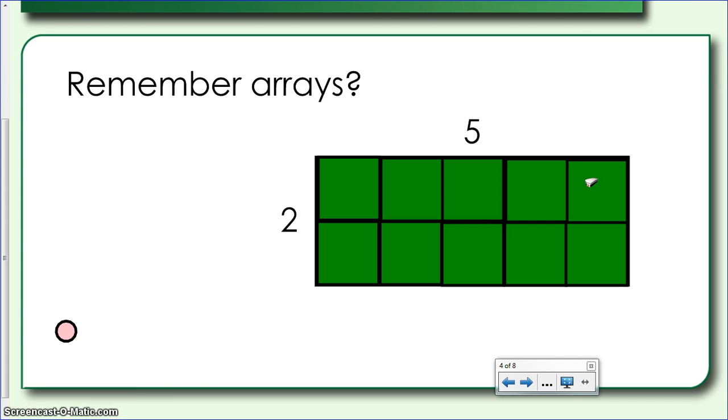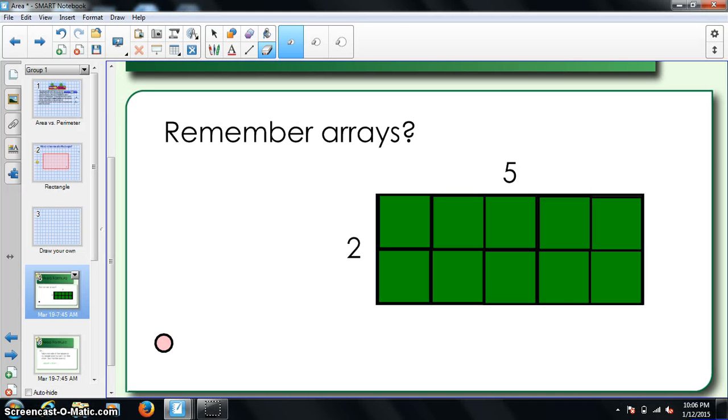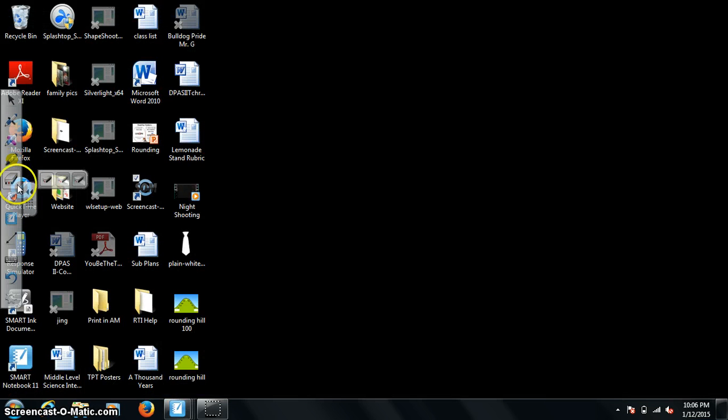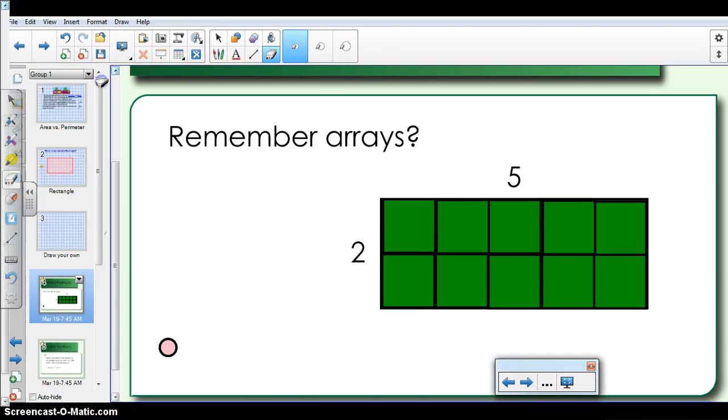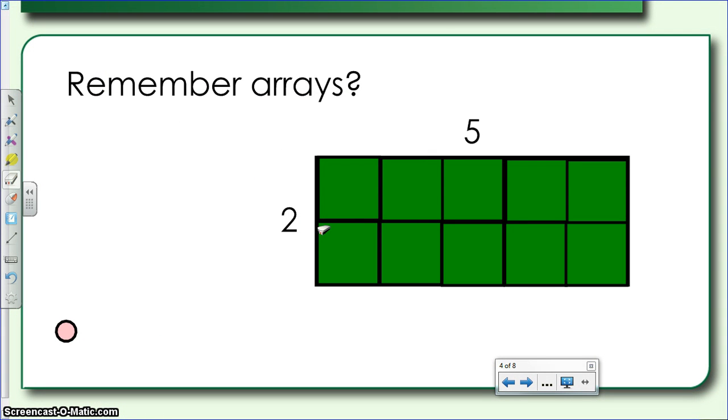And so if we just use multiplication just like an array, then we can find the square units that cover this surface. You can multiply the length, which is this side, times the width, and that will give you the square units that cover the whole surface of the inside of it.